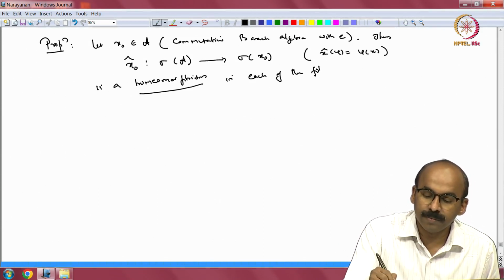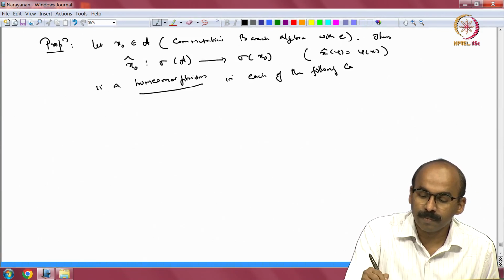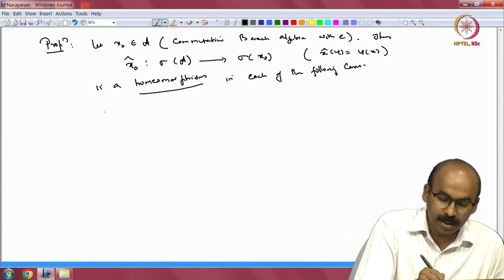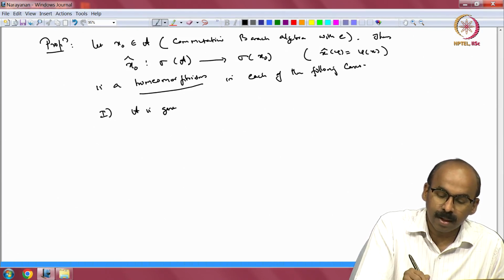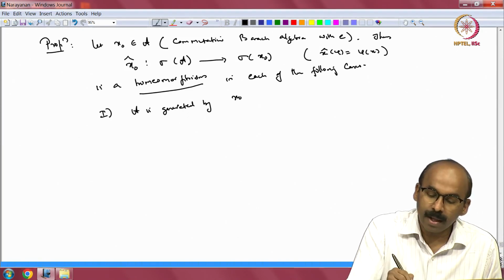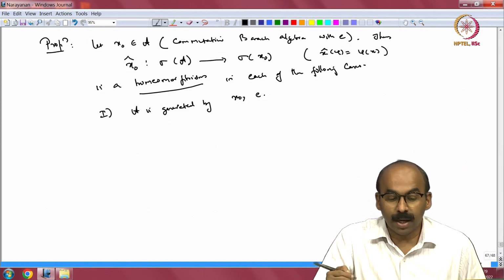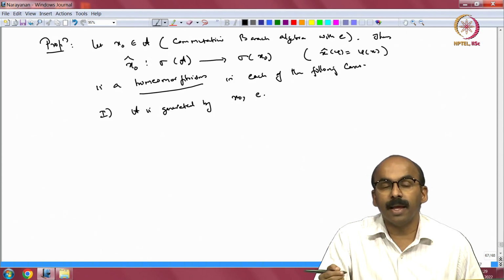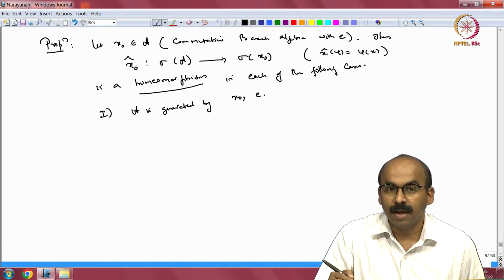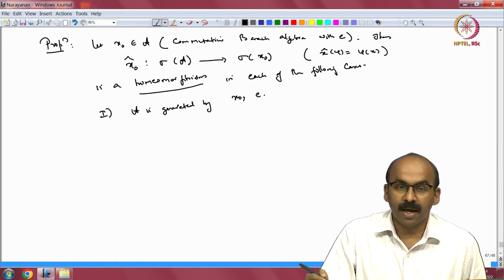Each of the following cases. Okay. So, 1, A is generated by x naught and E. If you look at the commutative Banach algebra generated by x naught and E, if that is A, then we have a homeomorphism.